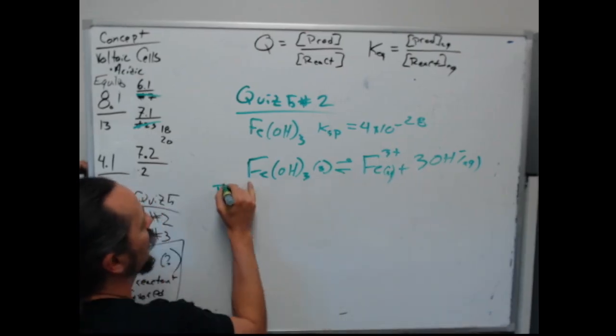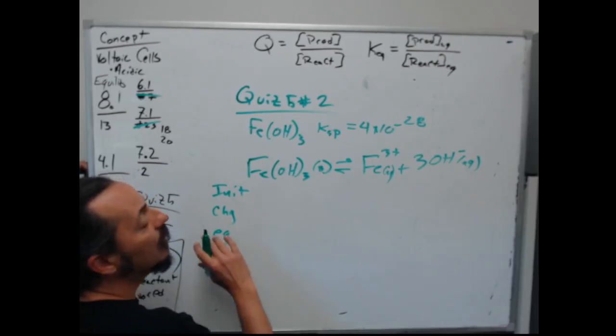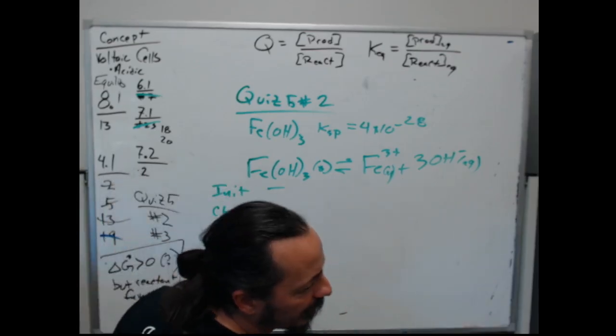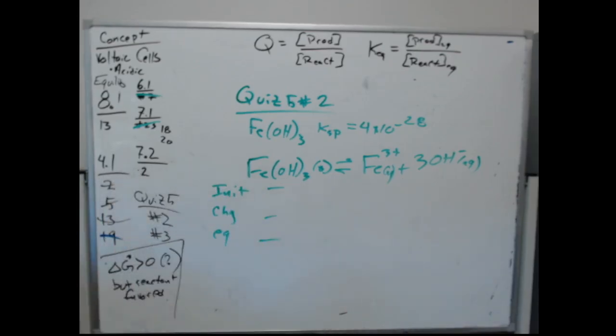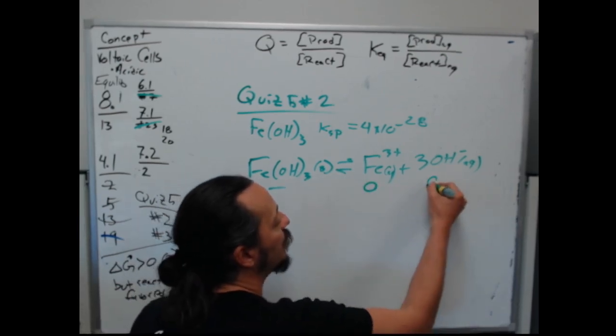I'm going to have some initial, some change, some equilibrium. So I have my initial conditions. I'm not going to worry about the solid because the solid's not participating in the solution's equilibrium. I'm just focusing on the ions in the solution. And I'm doing a saturated solution in water, so I know I'm going to have these initial values of 0.